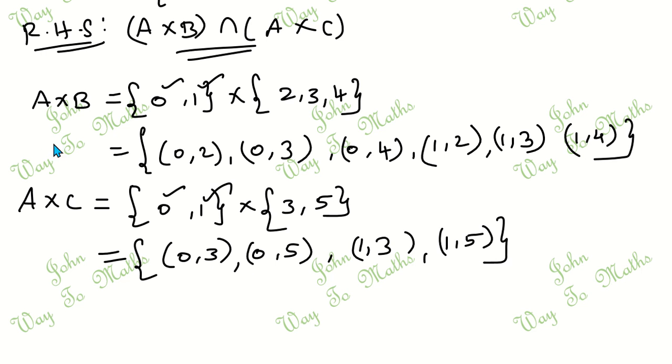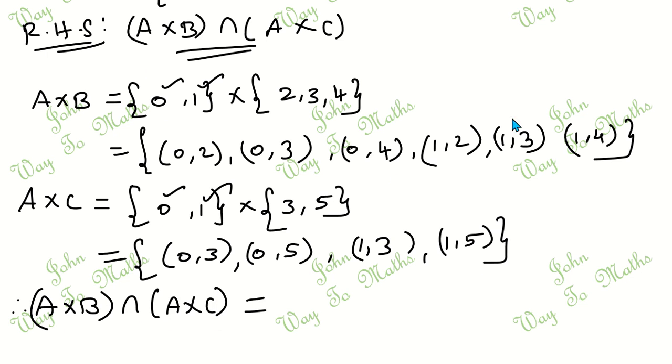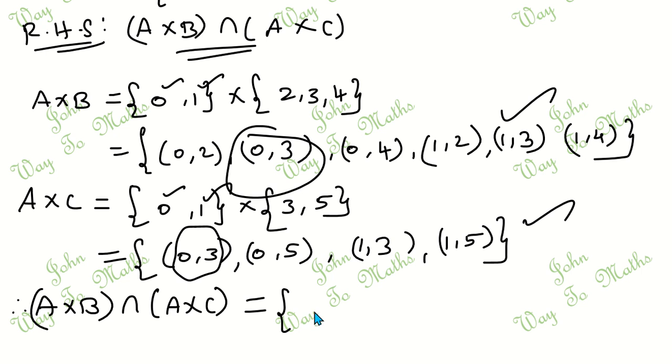So here I'm going to apply these two intersection. So RHS becomes, for A cross B intersection A cross C, in the two product sets the common terms become: 0 comma 2, there is no pair. 0 comma 3, 0 comma 3 is there, so I'm going to write 0 comma 3.